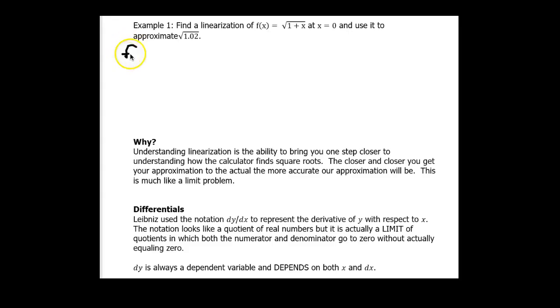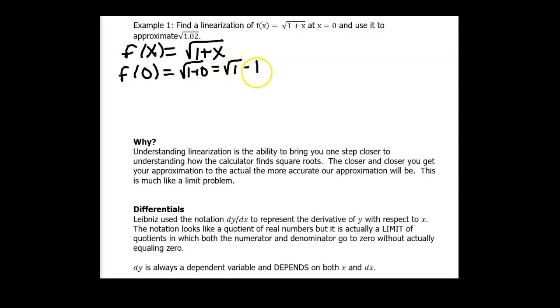So we're going to say that f of x equals the square root of 1 plus x. We're going to make my a value 0 so that I get the square root of 1 plus 0, which is the square root of 1, which is 1. That means I also need f prime of a. So I need f prime of x. So that's 1/2, 1 plus x to the negative 1/2, times the derivative of the inside, which is 1.